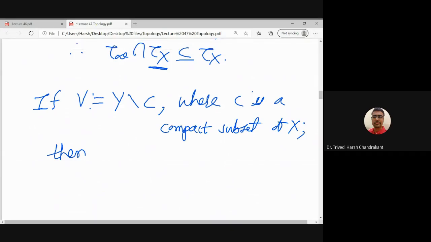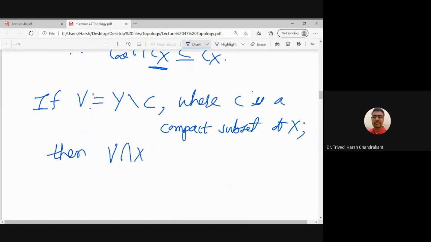Now we want to show V intersection X is in tau X. So if we take V intersection X, then it is nothing but the complement of C in X, right?